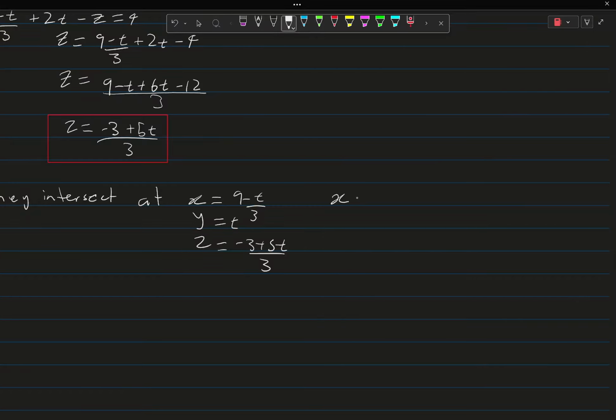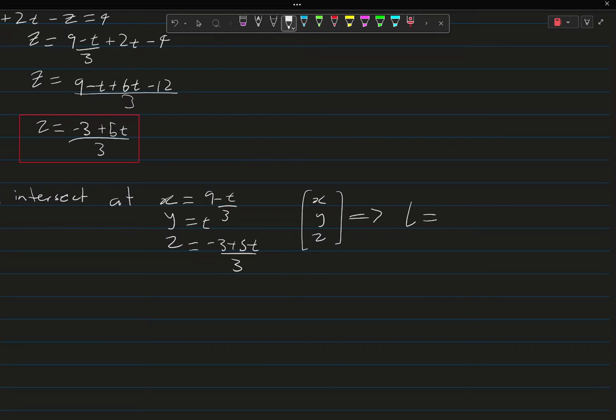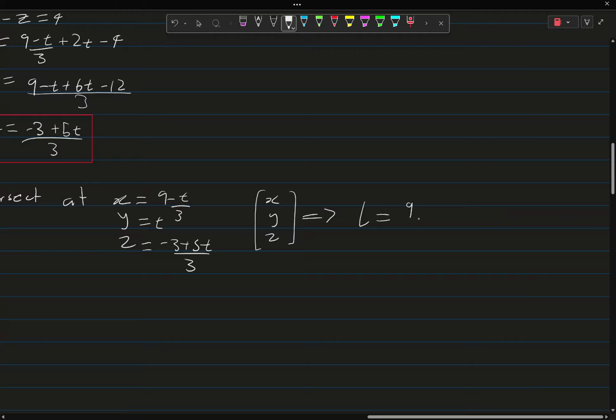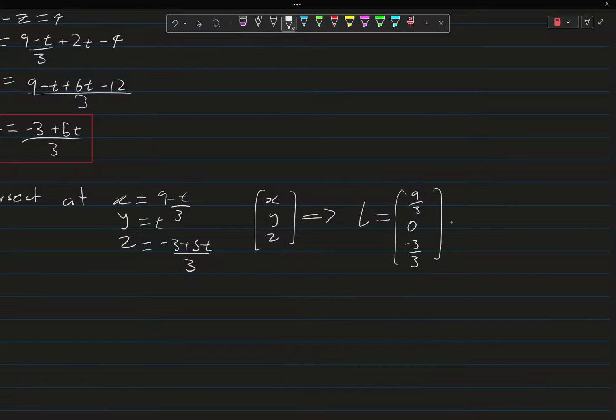If we rearrange to find it in terms of x, y, z as a vector, we will get our line equals 9 over 3, 0, and negative 3 over 3, plus t times negative 1, 1, 5 over 3. So negative 1 over 3.